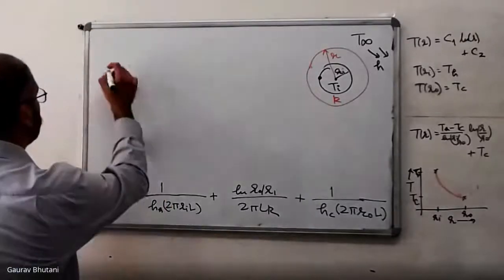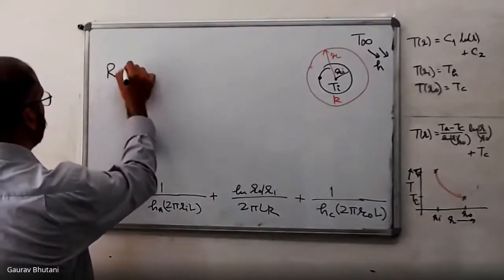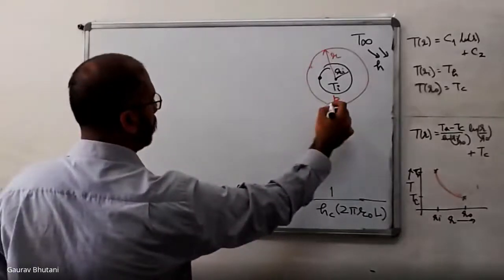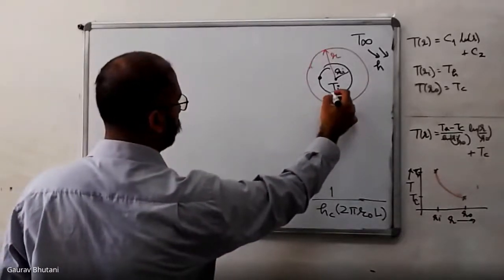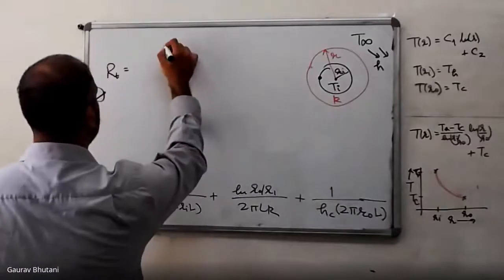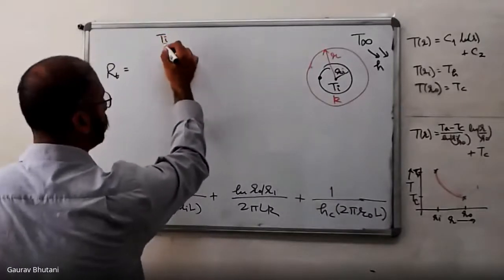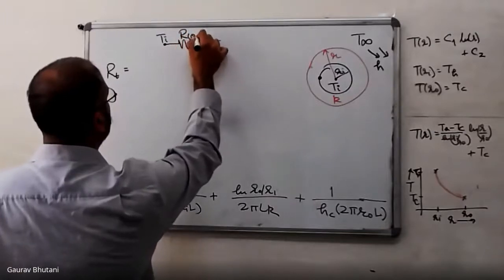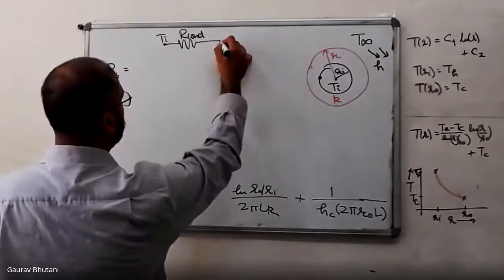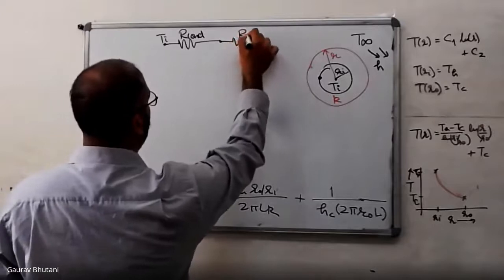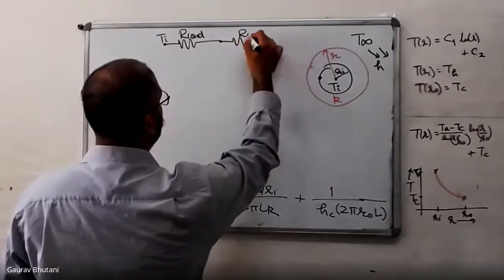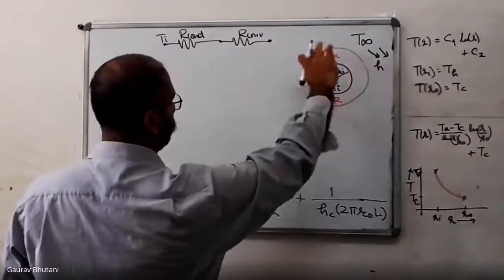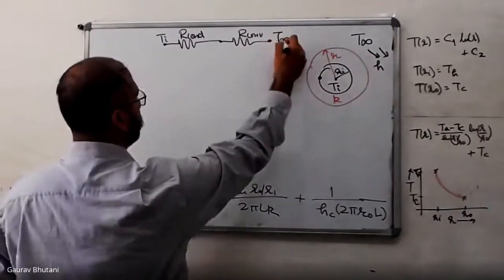So my total thermal resistance now, let's draw the circuit. You have Ti on the inside, then you have R conduction because of the insulation, and then you have R convection because of your surface convection, and then you have T infinity.